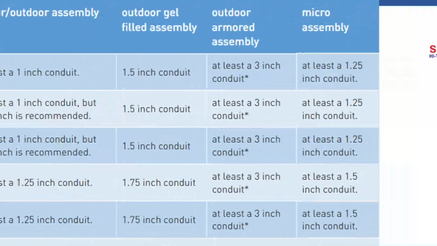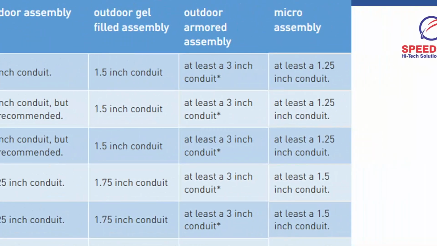Conduit. Then, what if it's outdoor, but it's an armored assembly? Right? That one use what? At least a 3 inch what? Conduit. Then, if you're trying to be as small as possible, use what?